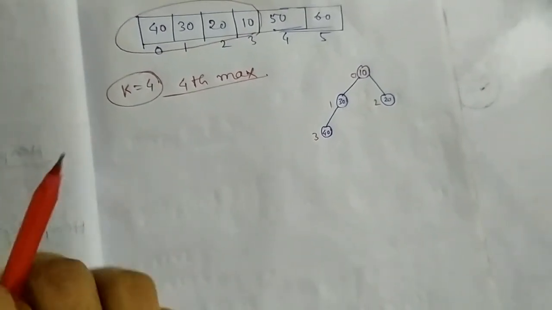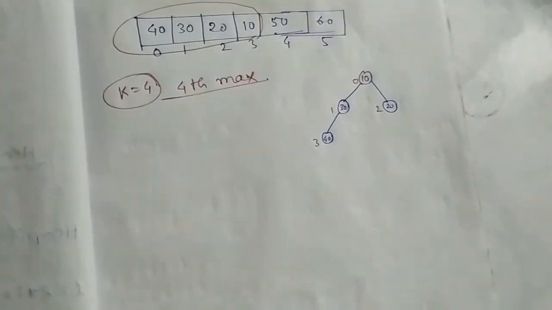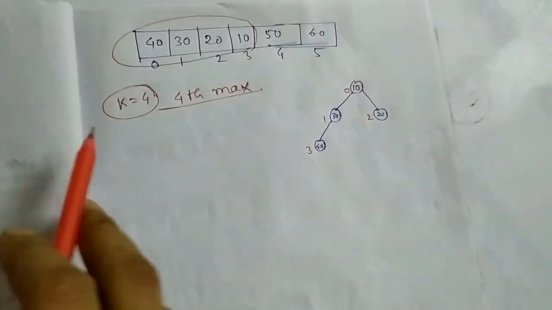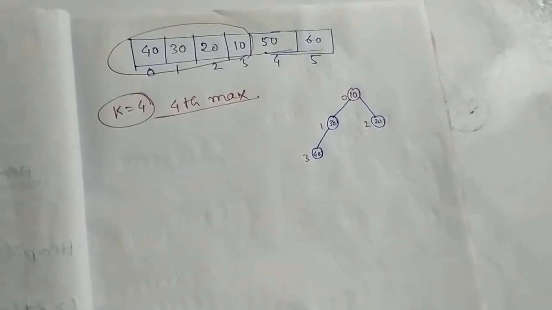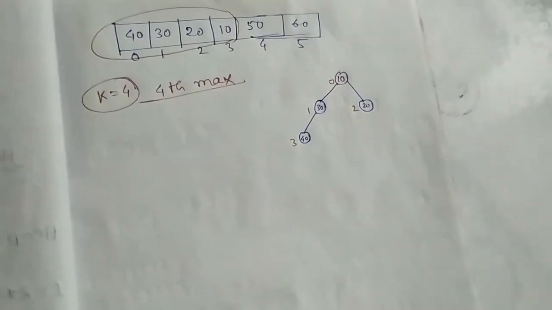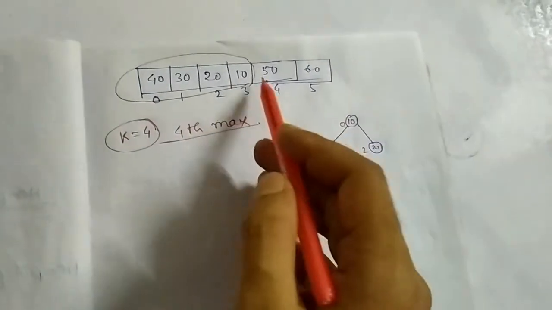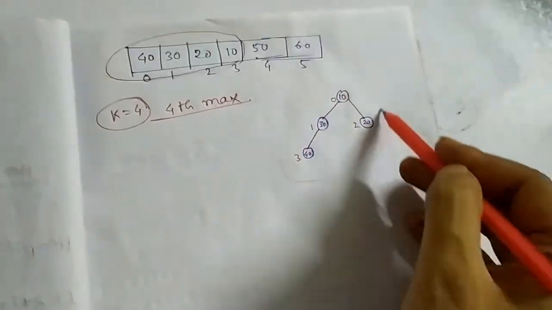We have created a min heap. We were finding the fourth maximum of this array. For this, using the build heap method, we have created a heap of the first 4 elements, and this heap is like this.